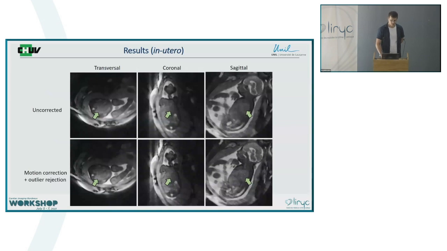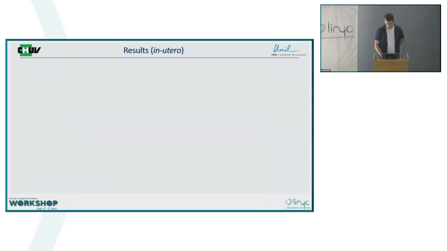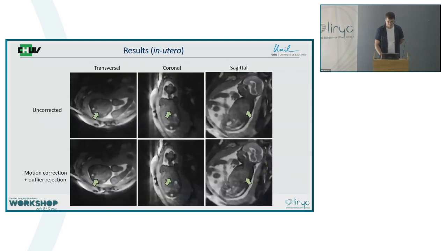The in utero results are showing here the 3D static reconstructions of the uncorrected data on top and the motion corrected plus outlier rejected data on the bottom. The green arrows are hereby highlighting the fetal cardiac chambers, which are getting sharper after motion correction.